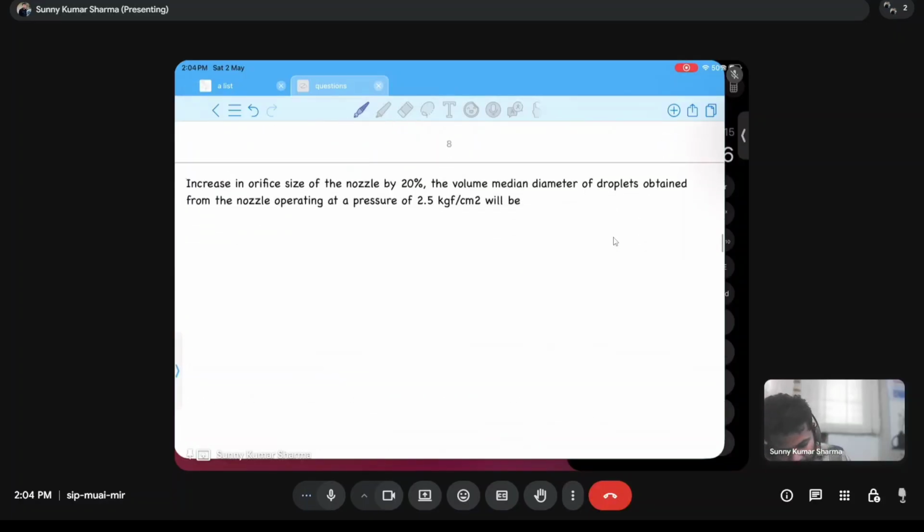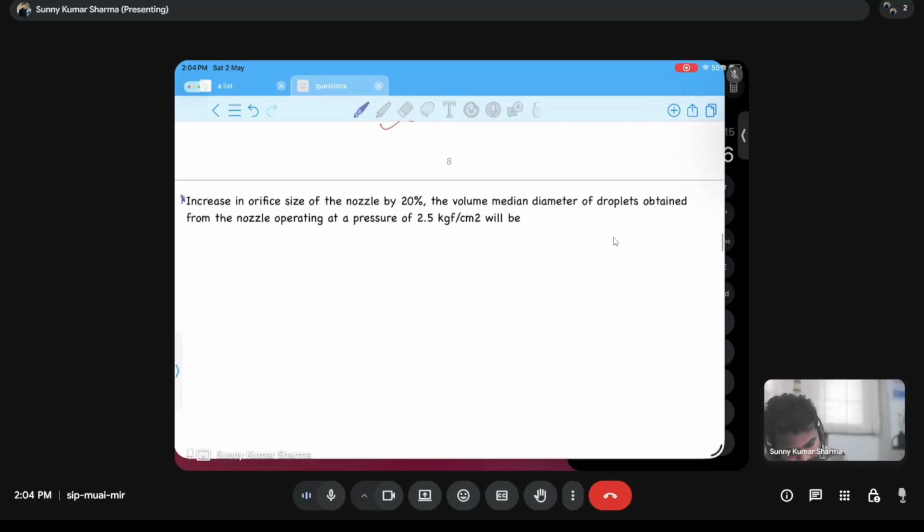So the next question is related to the relationship between the characteristics of the spray droplets. It is asked that the orifice size of the nozzle is increased by 20%. The volume mean diameter of droplets obtained from the nozzle operating at a pressure of 2.5 kg per centimeter square will become what?